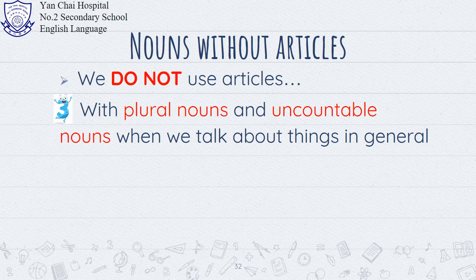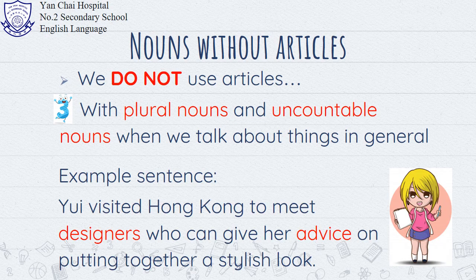We do not use articles with plural nouns and uncountable nouns when we talk about things in general. Example sentence. Yui visits Hong Kong to meet designers who can give her advice on putting together a stylish look.